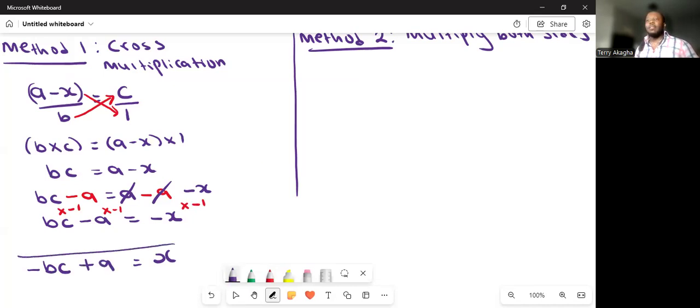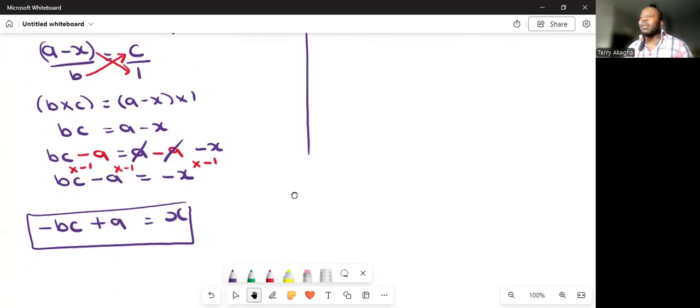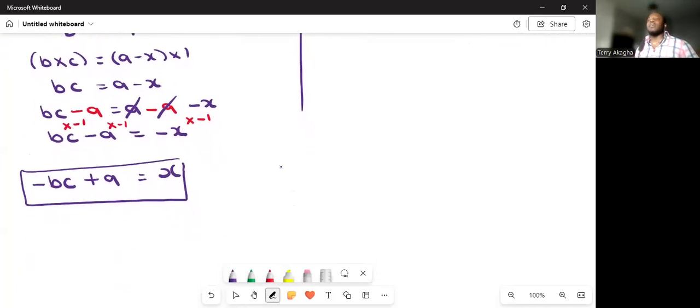And that will be the answer for that. Are you seeing it? Or if you are like me and you always like the subject to be on the left-hand side, you can say this is the same thing as x is equal to minus bc plus a. Or you can say a minus bc. So they're exactly the same thing, okay?